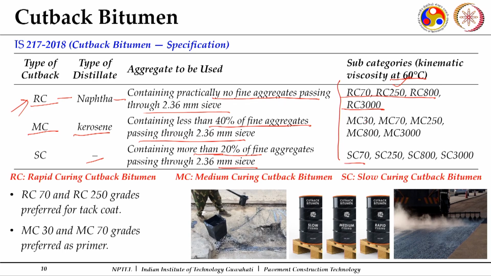So this gives an idea about the viscosity of that particular grade, and as I mentioned, different applications are there. For rapid curing 70 and rapid curing 250 grades, it is preferred to be used as a tack coat. For medium curing 30 and medium curing 70 grades, it is preferred to be used as a prime coat. So it is important to select the right grade for a particular application.